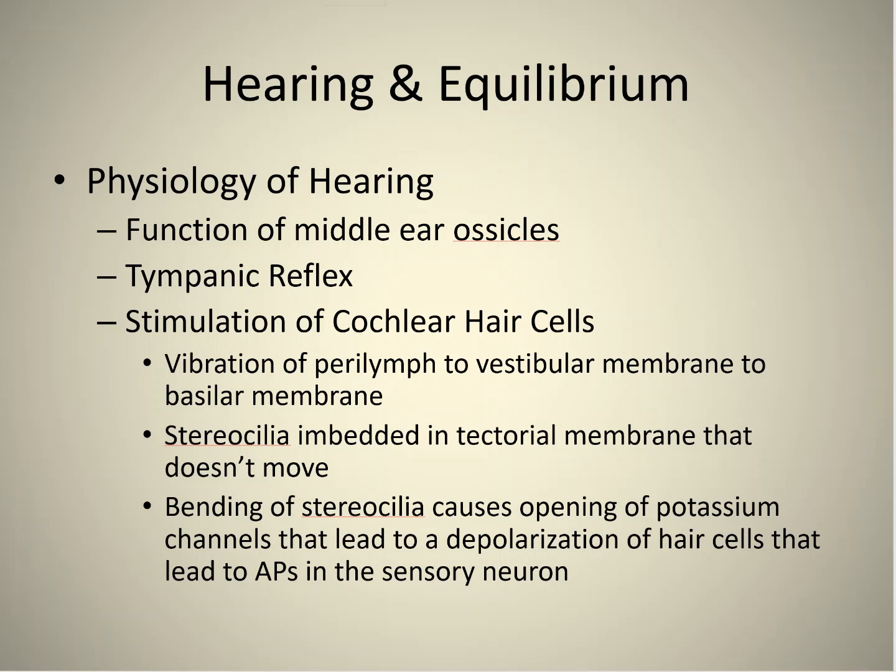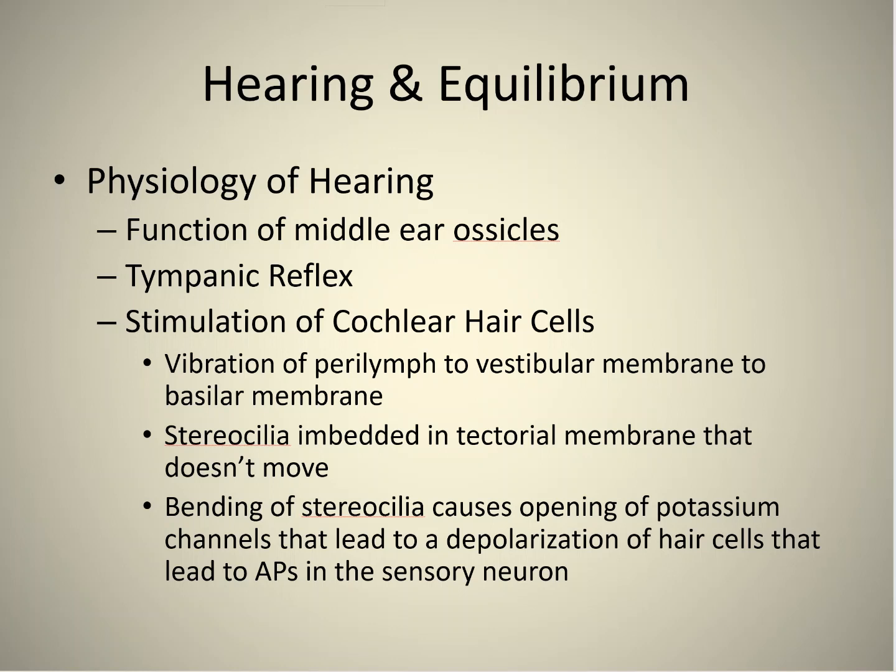Okay, here we're going to talk about the stimulation of the cochlear hair cells. How do these waves get conducted to the hair cells, and then how do the hair cells actually work? First, the vibration of the perilymph is caused by the stapes moving the oval window.